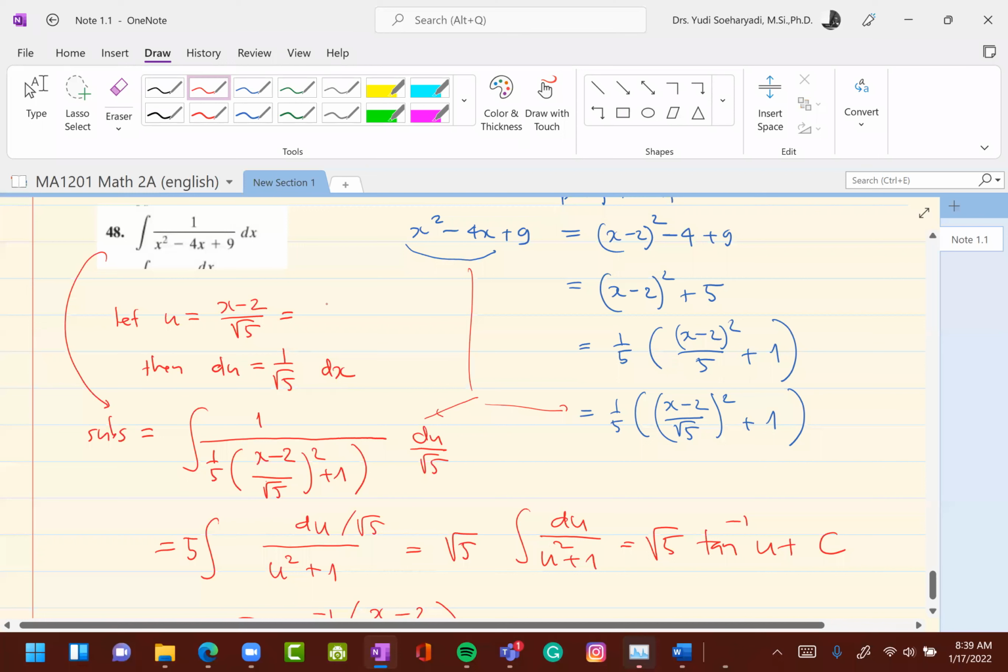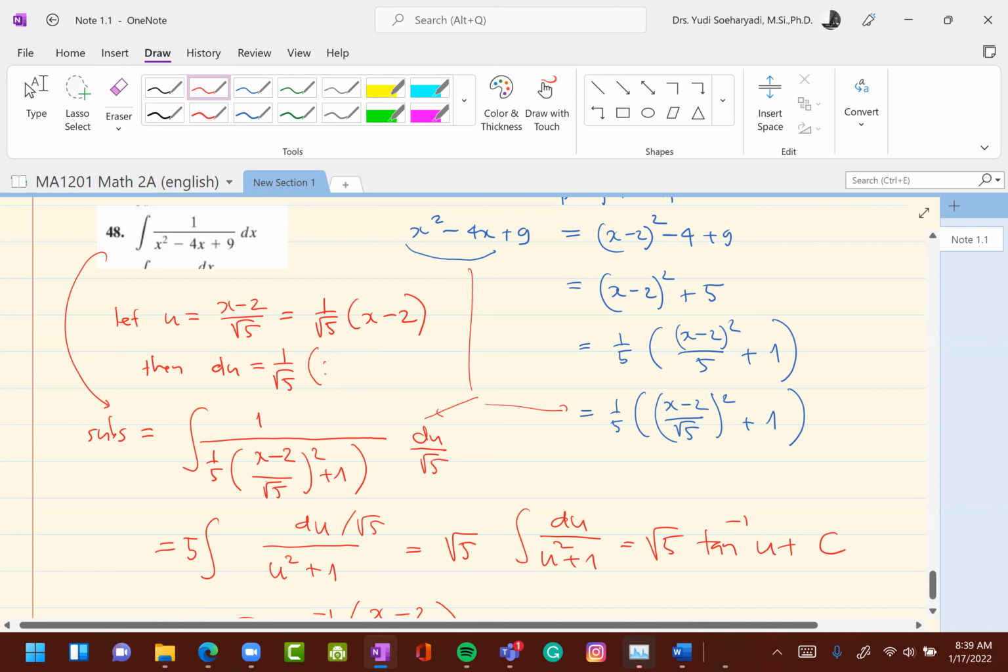This is just 1 over square root of 5, right? This is constant, so you take that out.